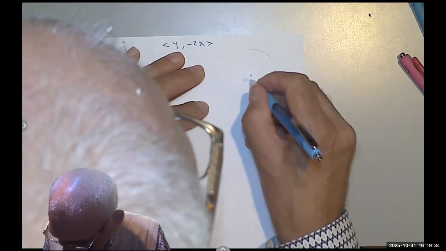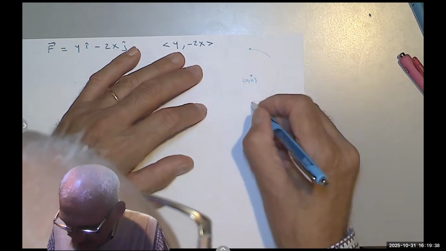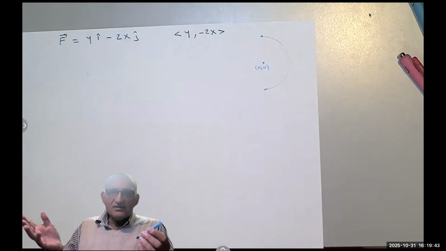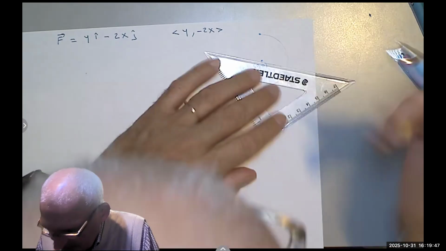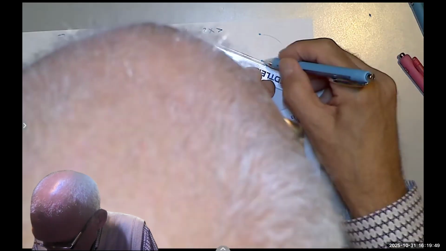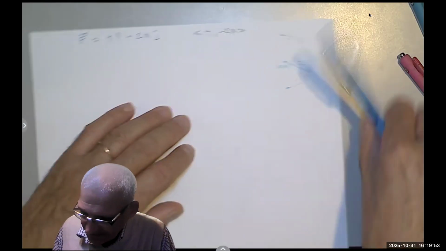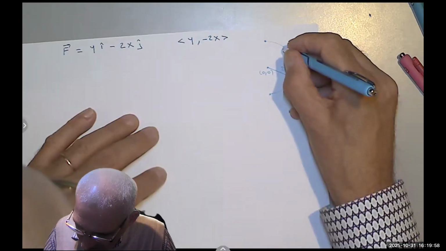The center is at the origin, and it starts from this point, ends at that point. We can say it's a unit circle, but it really doesn't matter. I can pick any radius. Let's pick some value for r, and let's say r equals 2, for example. It really doesn't matter at all. And the motion is clockwise.